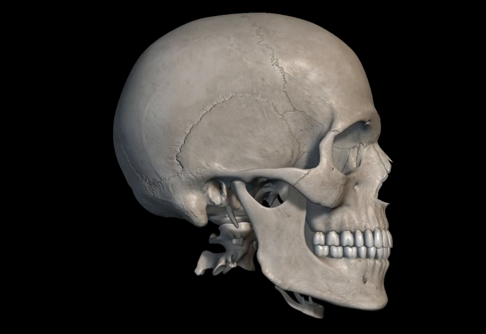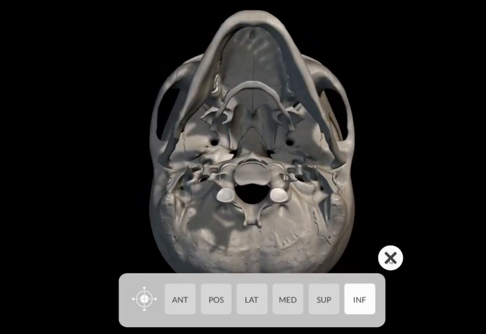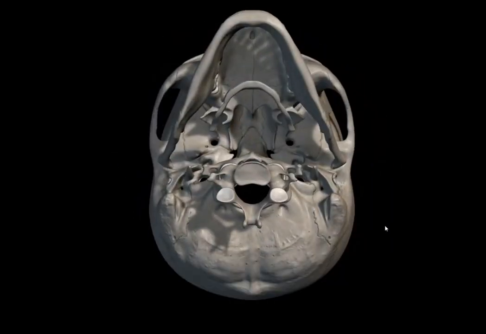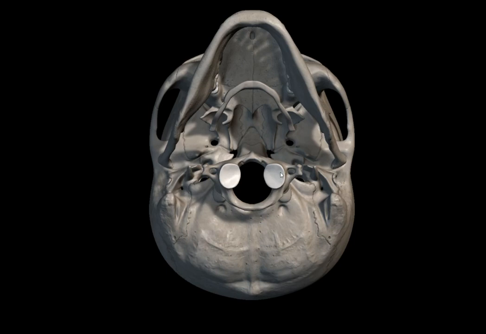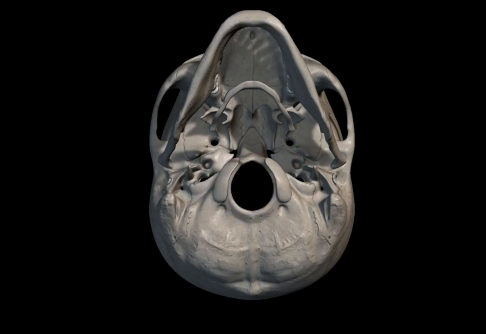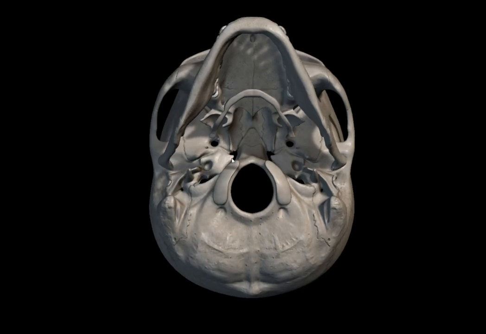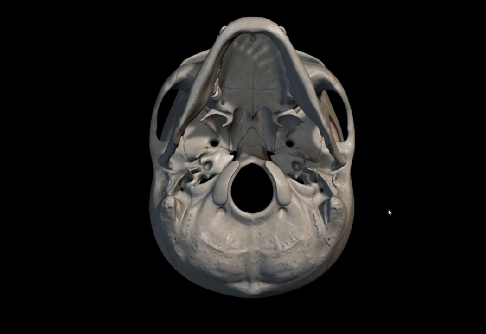Now, if we progress to an inferior view of the skull, looking at it from an inferior view, we're going to take away this bone right here, which is the atlas. So we just hid two bones. And now what we're going to do is hide a third bone, which is the hyoid bone.